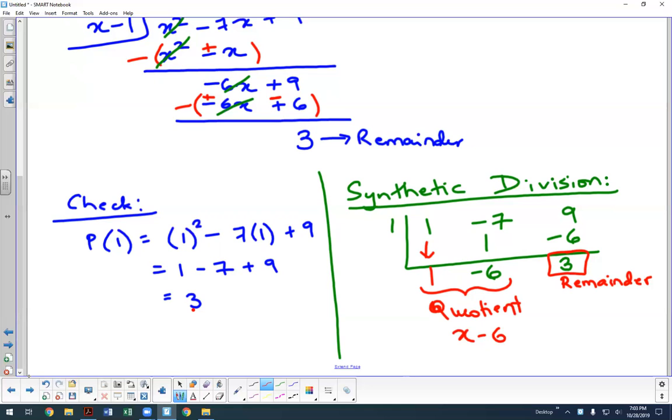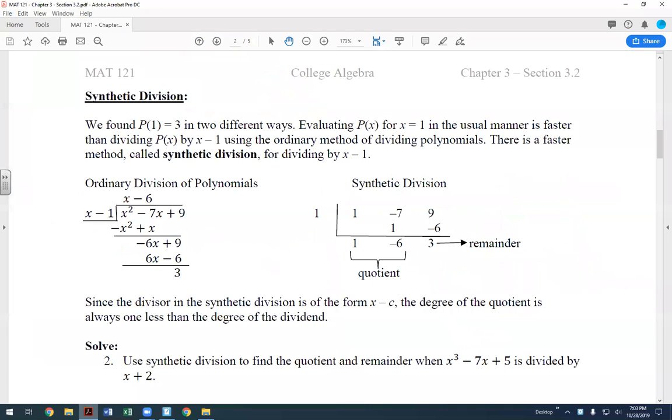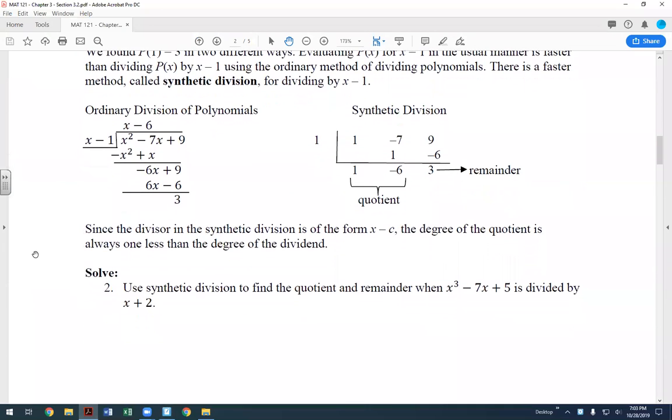So whatever this coefficient is, it can be 1, it can be 2, it can be negative 3, it doesn't matter, it always comes down as it is without any calculations. And then again, remember, if this is an x squared polynomial, your quotient will be 1 degree less than that, so that makes it an x polynomial.